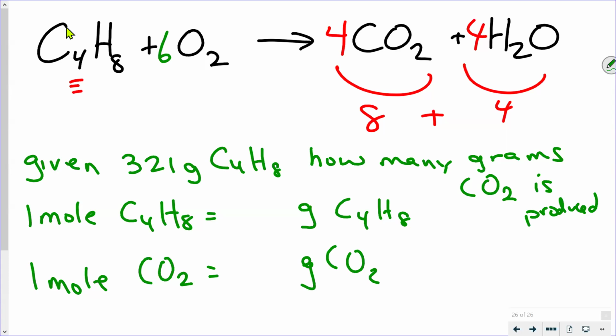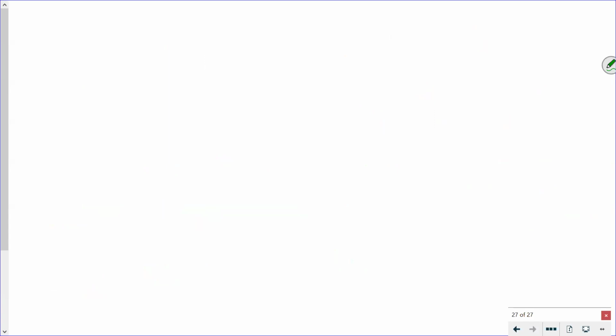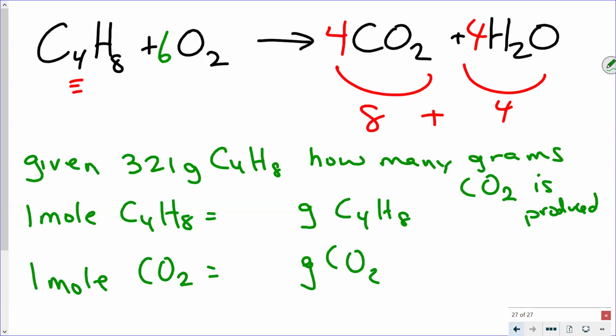Which means I need to find the molar mass of these compounds, right? Addition, 4 carbons plus 8 hydrogens, and 1 carbon plus 2 oxygen. So I'm gonna set this up. I forgot my number. I have 3, 2, 1.